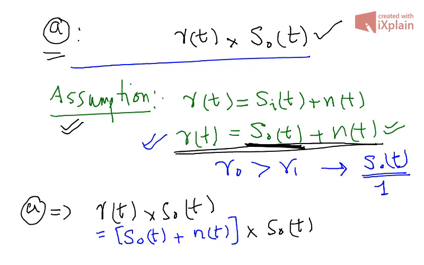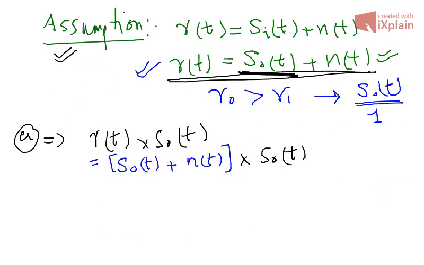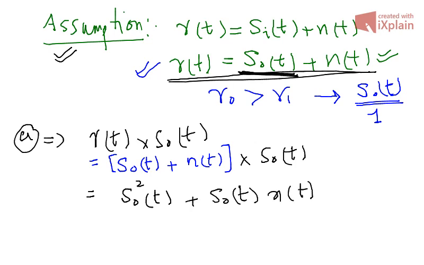This is the signal at point A. If I just multiply this, it is actually S naught square of t plus S naught of t and n of t. So this is our signal at point A.